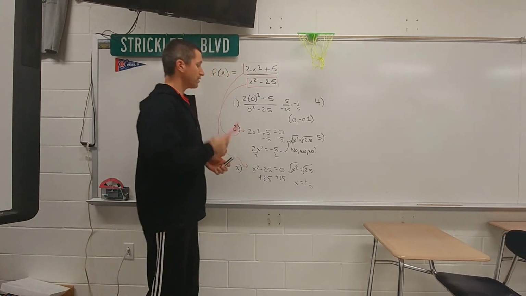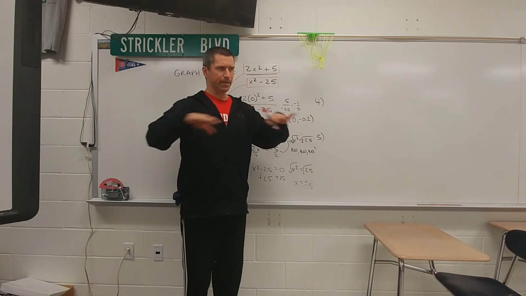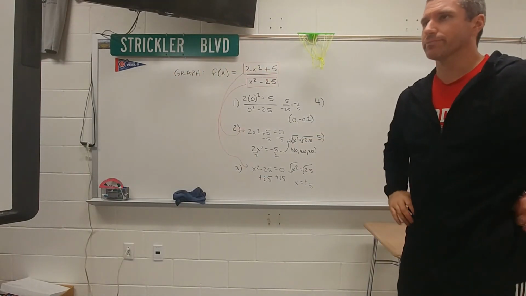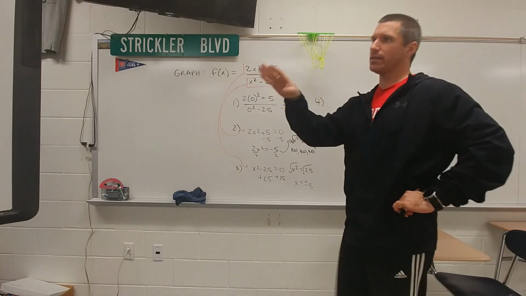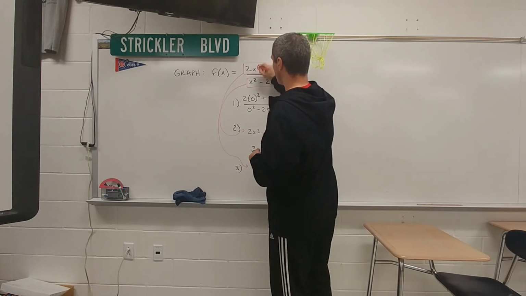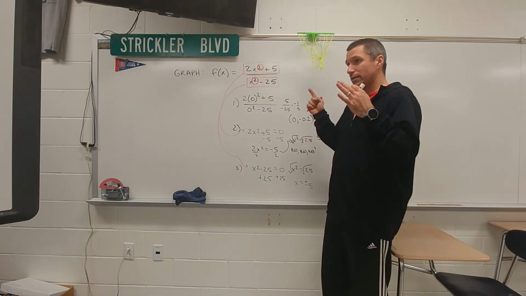Let's look at the horizontal asymptote this way. There are 3 rules. First one says, if n is less than m, which means if the degree of the top, which is a 2, is less than the degree of the bottom, which it's not in this case, then it's the x-axis.